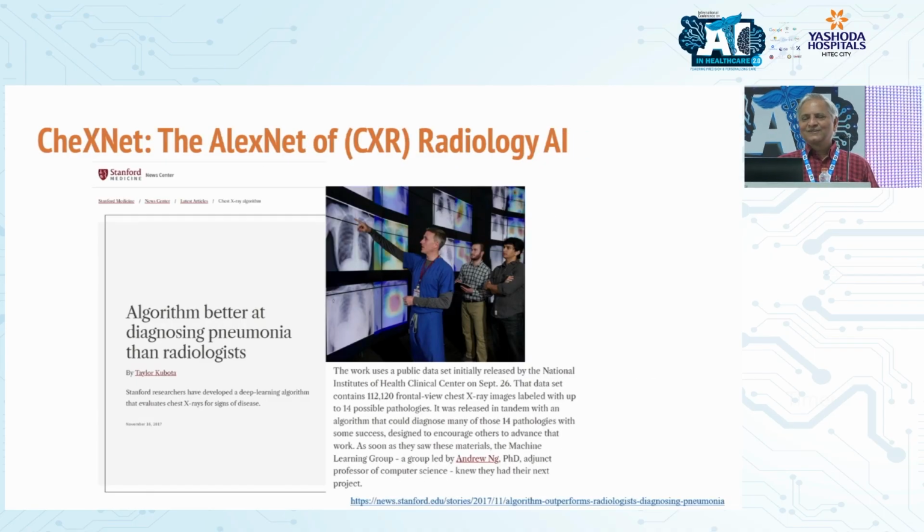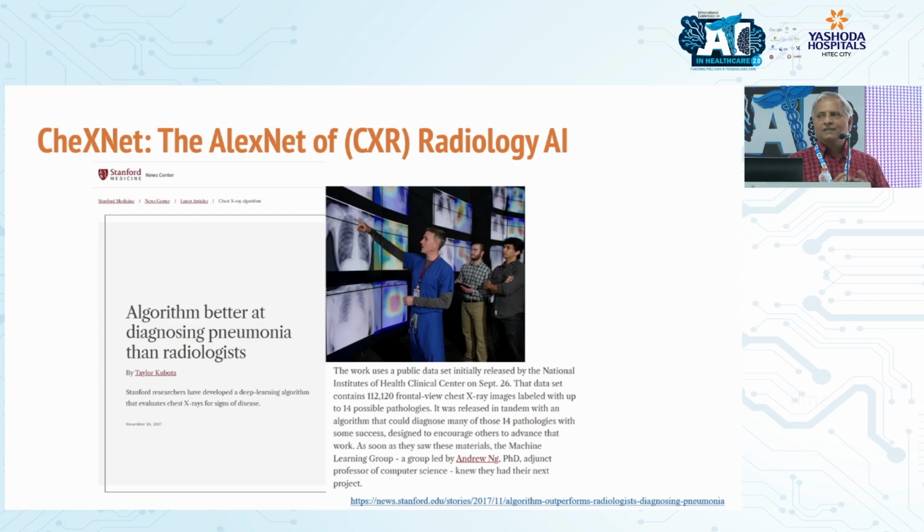So the journey in chest X-ray specifically started in 2017. 2017 was the moment for radiology that 2012 AlexNet was for, let's say, computer vision. In 2012, there was this big data set, ImageNet, that spawned a lot of applications.